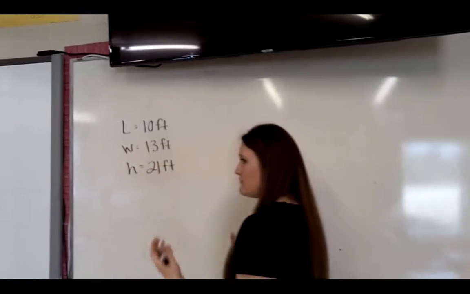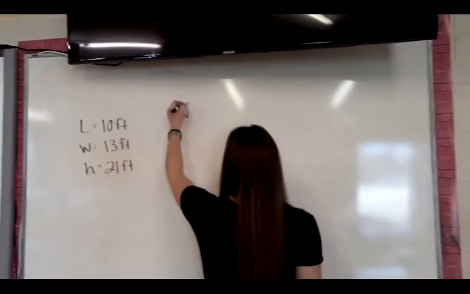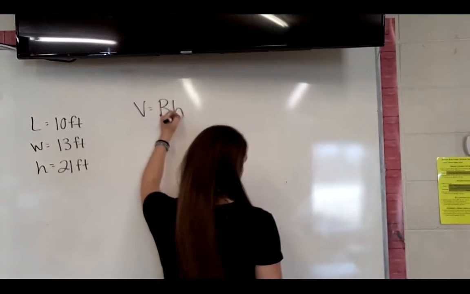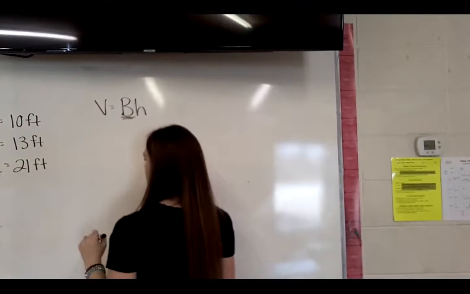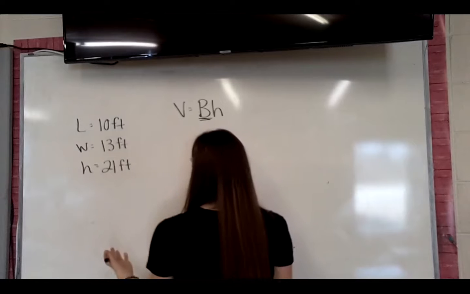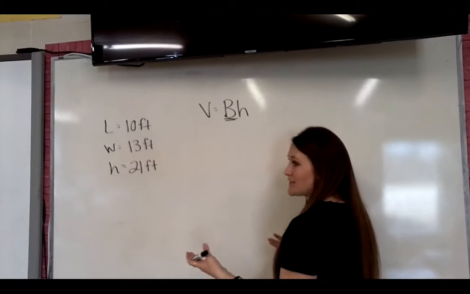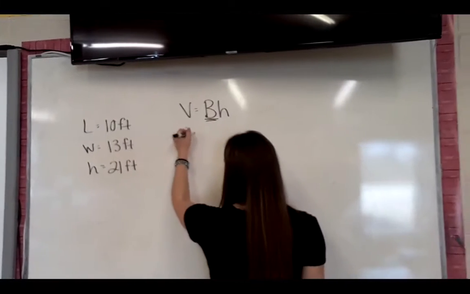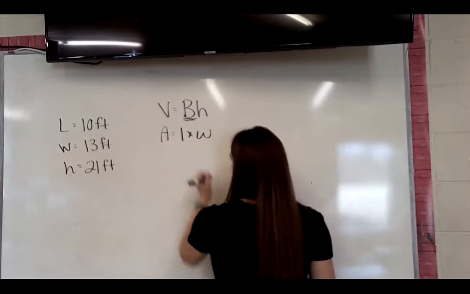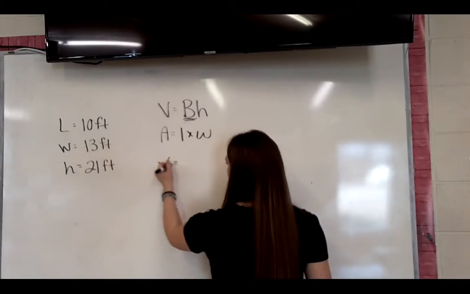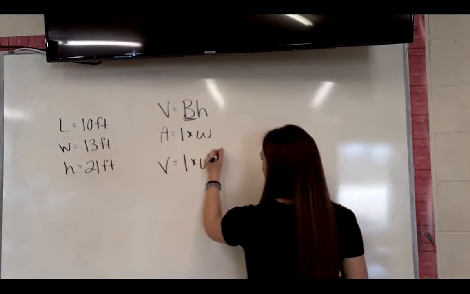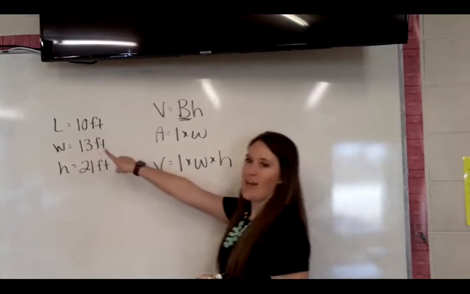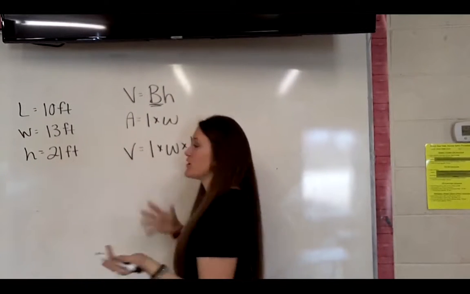Okay, we are finding the volume. Volume, we know, is big B times H. Big B means area of the base. Okay, well, the base of a rectangular prism is a rectangle. Area of a rectangle is length times width. So my volume is going to be length times width times height. We have length, width, and height. So we just plug those numbers in.